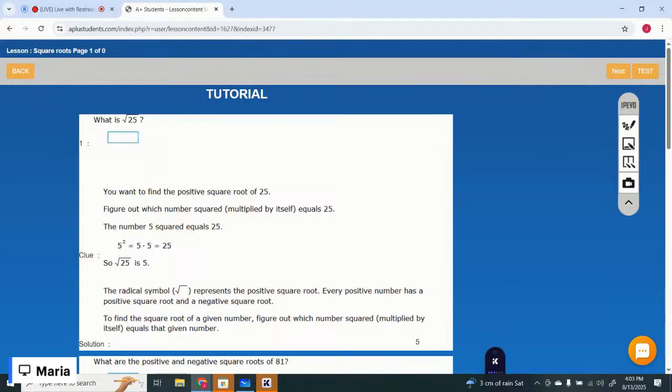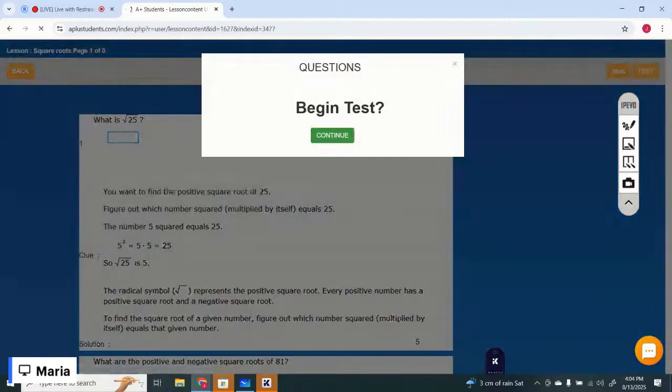So 5 times 5 is 25. That is 5 square. 2 and square root cancel out. That is 5. So square root 25 is 5. Let's just start with the test questions.